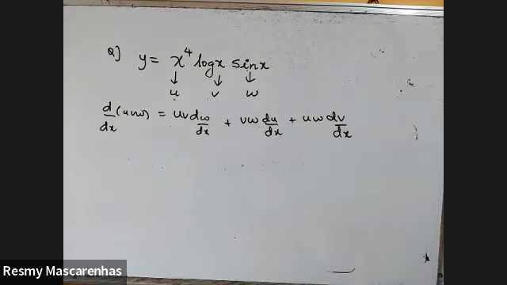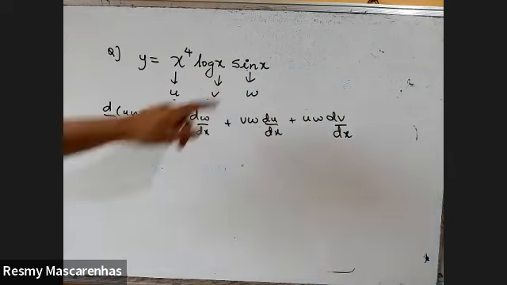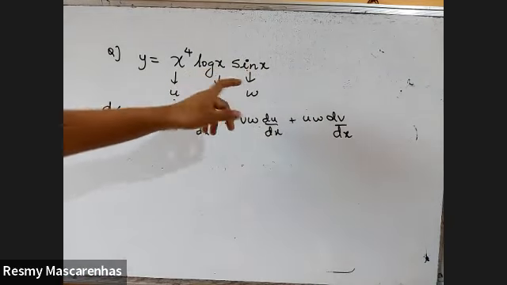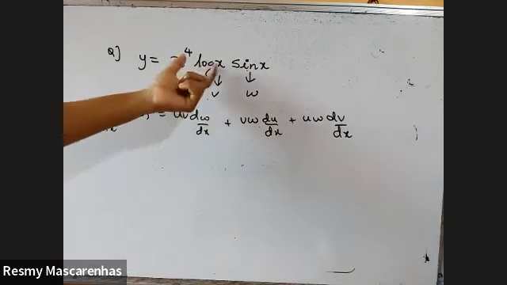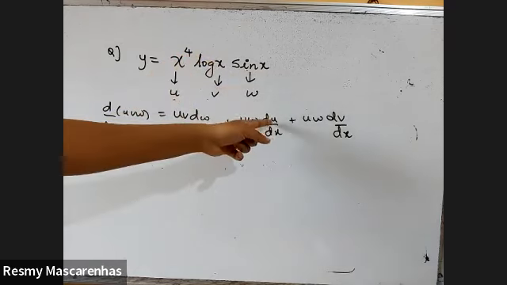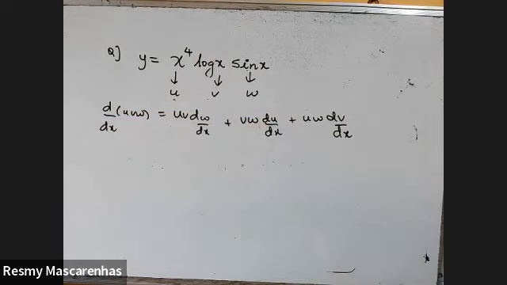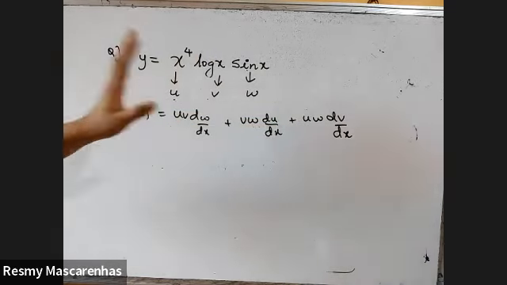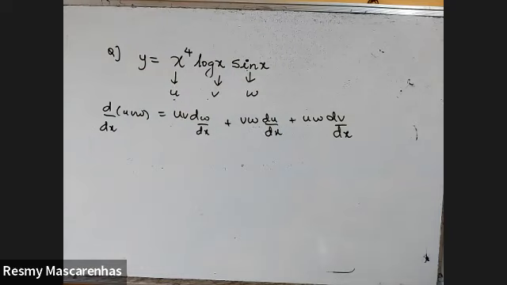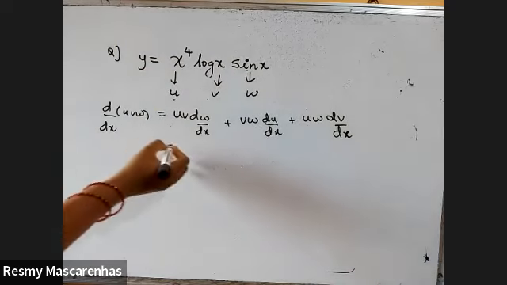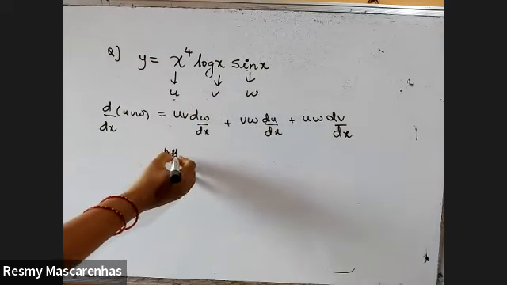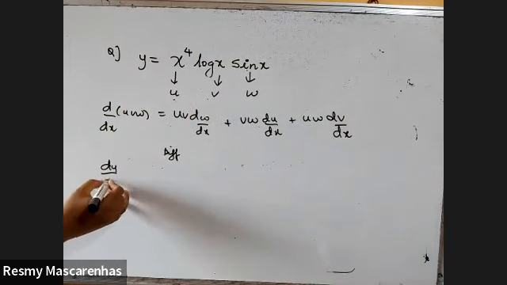So we know that only one term we can differentiate at a time. If we are differentiating this w, then u and v we have to keep out. If we are differentiating u inside, then we have to keep v and w out. Every term, one term should get one chance at a time, and the remaining two should be kept out. So when you differentiate, this will be dy by dx.